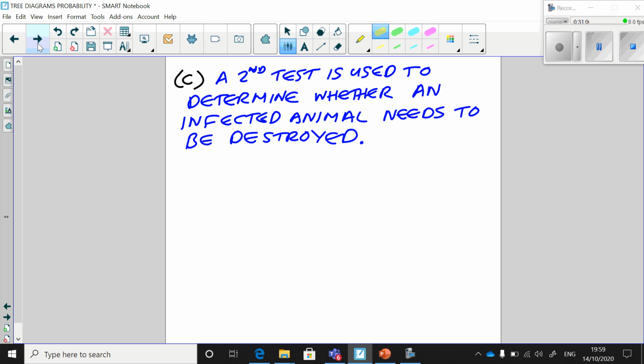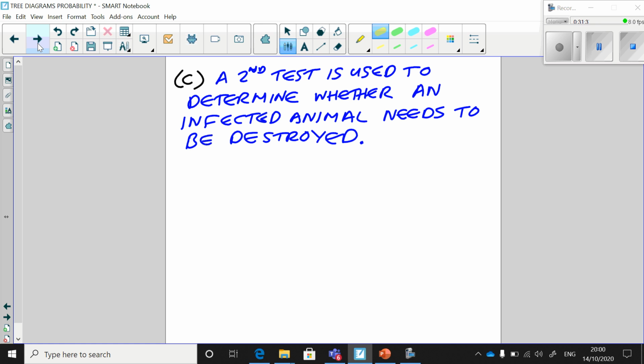Right, they're trying to complicate things now. So I hope you've took that on board. For some reason, they're carrying out a second test, and that is used to determine whether an infected animal needs to be destroyed. I know that's horrible, but they're just going for that.